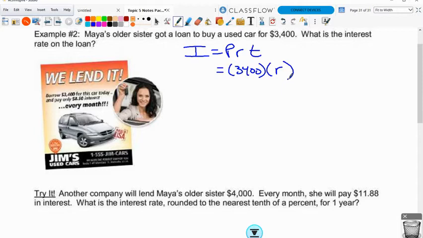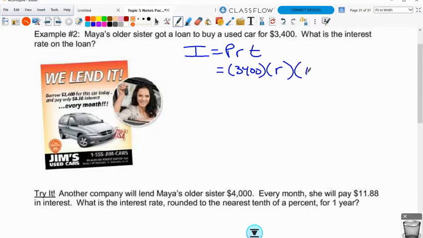And now we need to see if we can get the value of I, the interest, and T, the time. Okay, so they say in the advertisement here, borrow $3,400 for this car today and pay $8.50 interest every month. Every month, okay? Well, if we remember with this equation, T, your time, is supposed to be in the number of years.